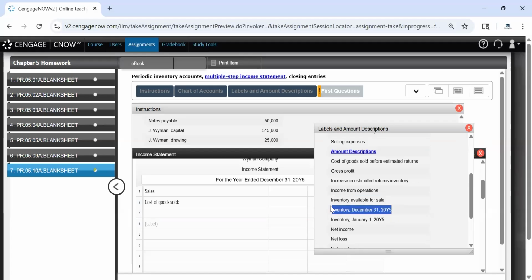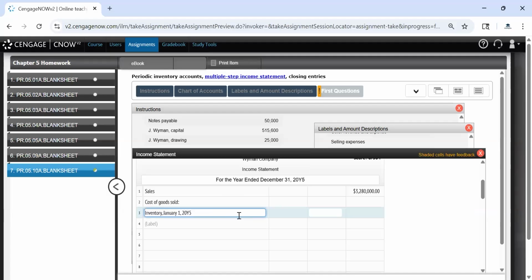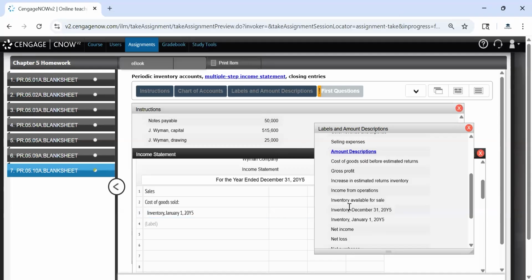And the inventory as of the beginning of the year is our starting inventory balance. We need this because in the periodic inventory system, we take the beginning inventory, we add in all of the purchases to get our inventory available for sale, and then we take account of our inventory at the end of the year, and the difference is our cost of goods sold.